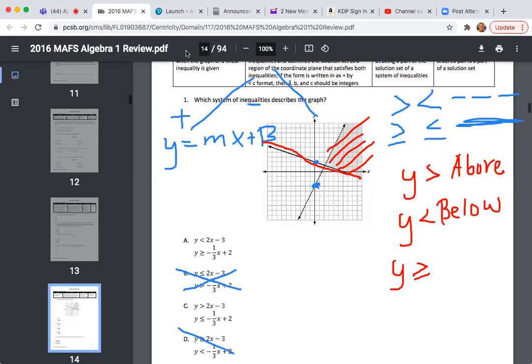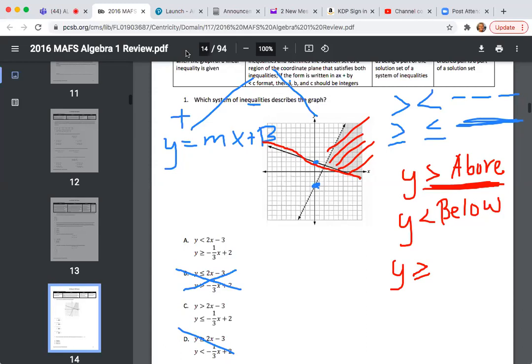And yes, guys, the answer is A. So now some of you may be asking, how are you getting A? First and foremost, that equation, the one with the negative slope, if you look at it, it's y is greater than or equal to. I just told you if y is greater than or equal to, you're going to shade above the boundary line.